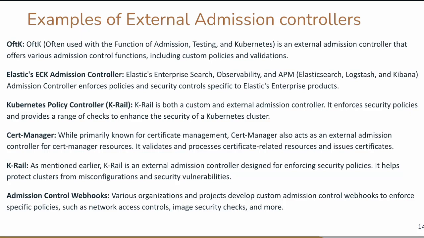That's why KRail becomes important. Next is admission control webhooks. Various organizations and projects develop these webhooks to enforce specific policies such as network access control, image security checks, and more. You can call those webhooks, and that is why the external admission controller can call those webhooks and enforce their security policies that we already discussed. So these are some examples of your external admission controller.